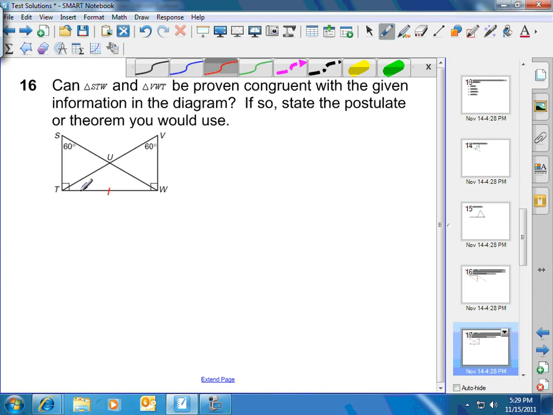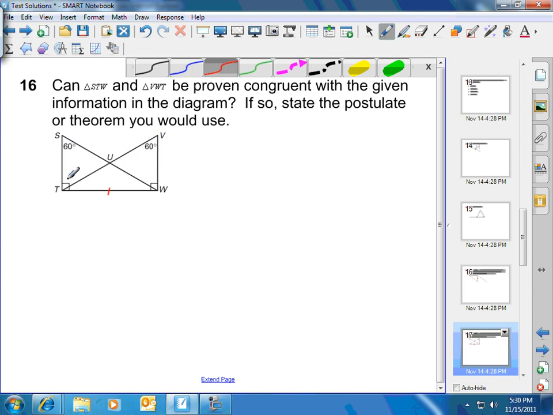And we have a 90-degree angle here. And let's see, what else are we looking at here? We're trying to prove the two large triangles congruent. And then we have the 60-degree angles here. They're congruent.